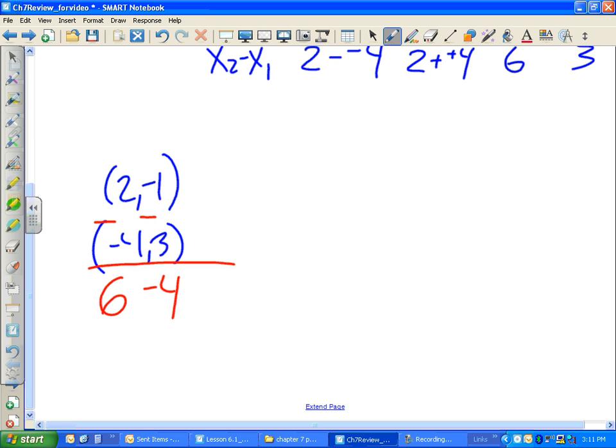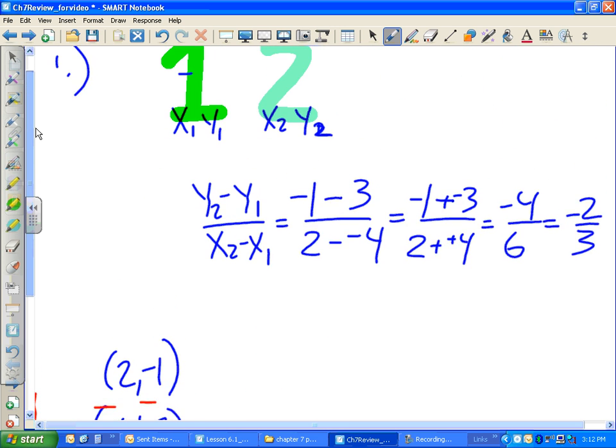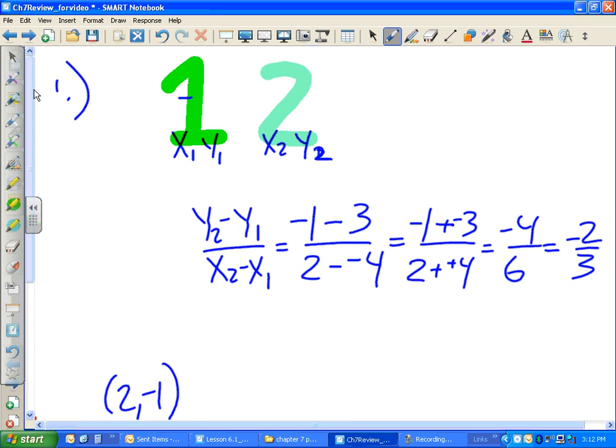And then all you do is, remember, you put the y on top, and put the x on the bottom. And so your answer would be -4 over 6. Same answer. Okay, this is the shortcut. Up here is your long way. All right? Next one.